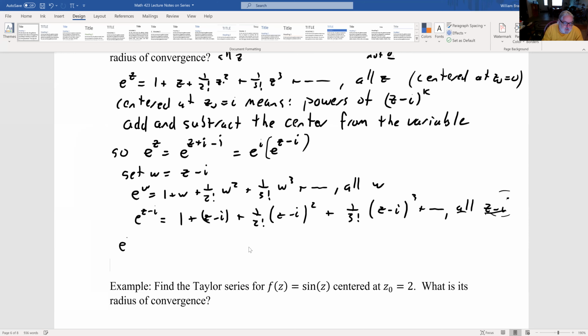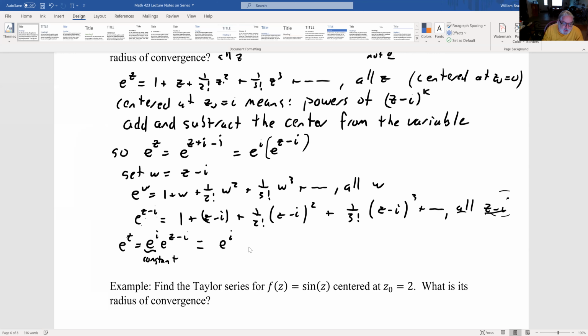So e to the z is the function I'm after, not e to the z minus i, but that's equal to e to the i times e to the z minus i. And this e to the i is just a constant. In fact, it's cosine 1 plus i sine 1.